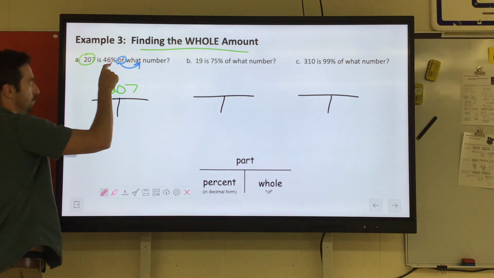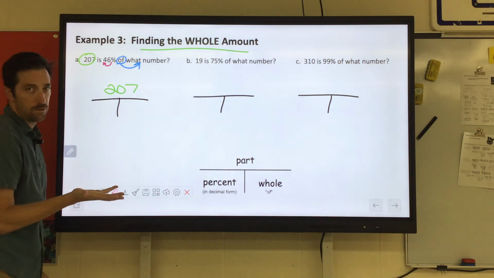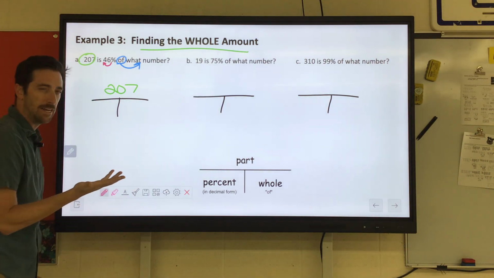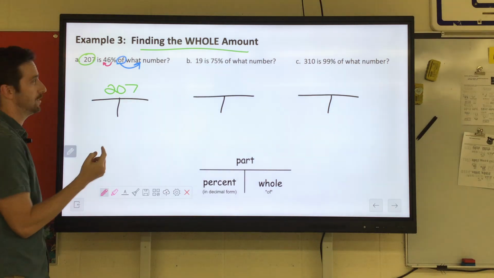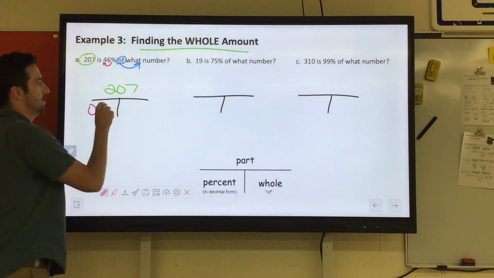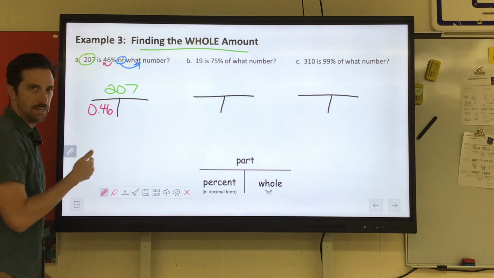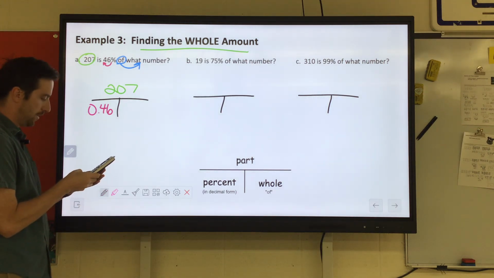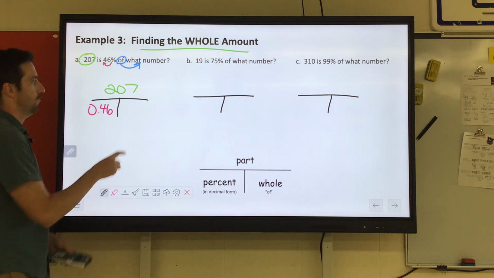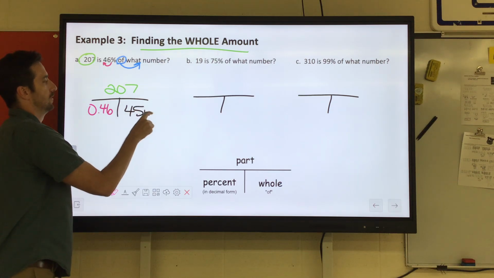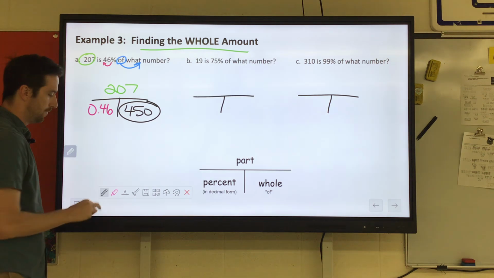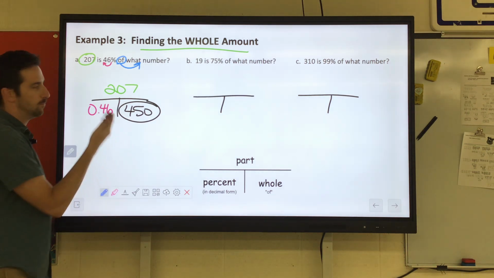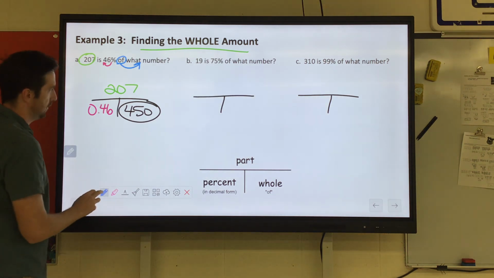You could either move the decimal twice to the left or divide by 100. I'm hoping that at this point you could just move the decimal twice to the left. 46% is 0.46. These are stacked on top of each other, so we're going to divide. 207 divided by 0.46, 450. Done. The big thing is percent has to be in decimal form when you put it in the T.